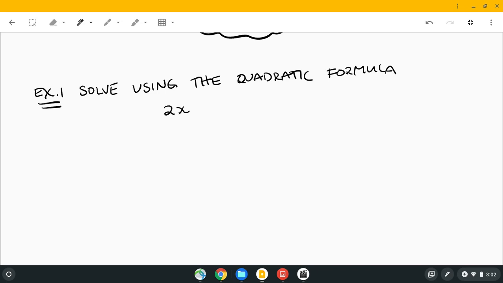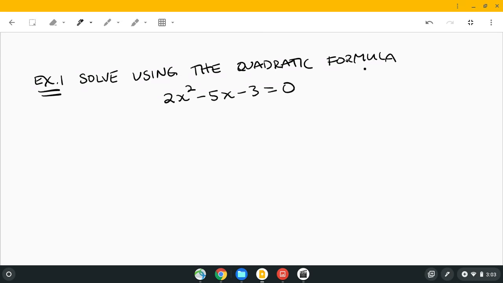Okay, so 2x squared minus 5x minus 3 equals 0. Okay, so this is a nice little formula you can use to solve quadratics when they're not factorable. You don't feel like using completing the square or other methods. So you can use the quadratic formula. Because remember, the quadratic formula solves any and all quadratics.